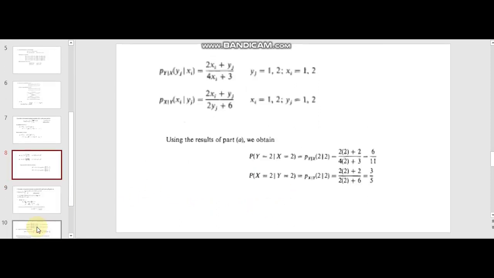Next, I have to find the conditional probability of y given x.